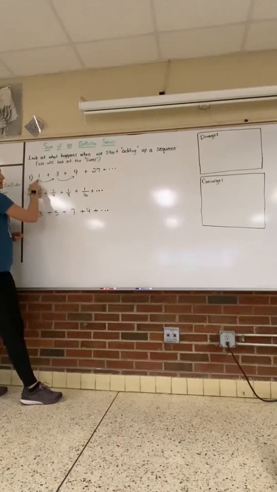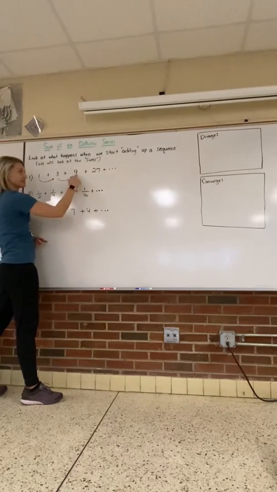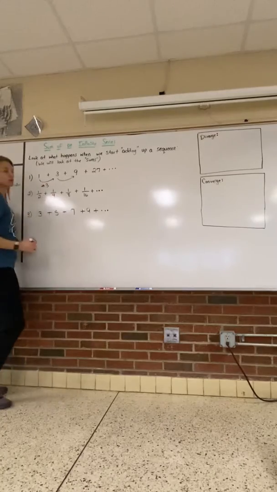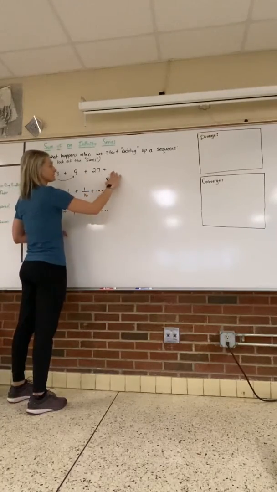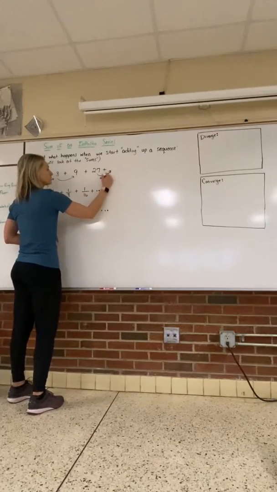What do I multiply 1 by to get 3? If I take 1 and multiply it by 3, that'll give me 3. If I take 3 times 3, that'll give me 9. 9 times 3 is 27. So the pattern here is that I'm multiplying by 3. So if I want to continue this, I'm going to erase this. I'd have to take 27 and multiply it by 3.